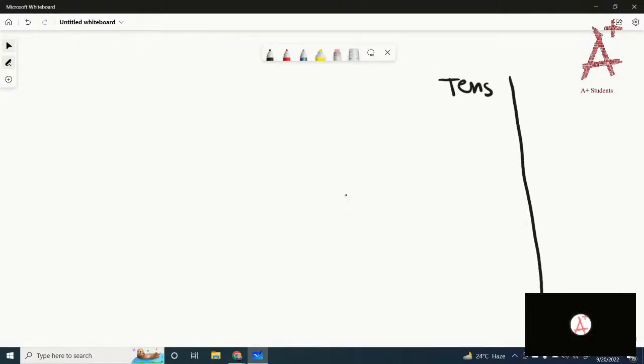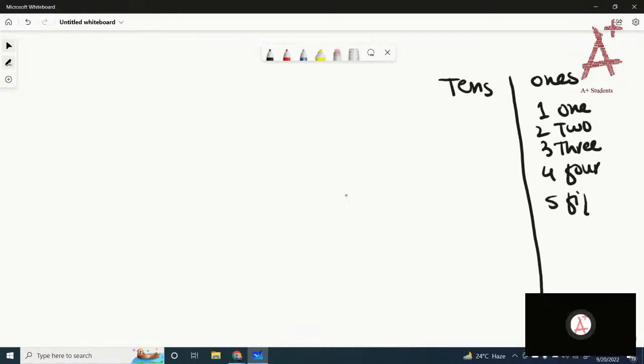Tens and ones. 1, 2, 3, 4, 5, 6, 7, 8, 9, and then you have tens.